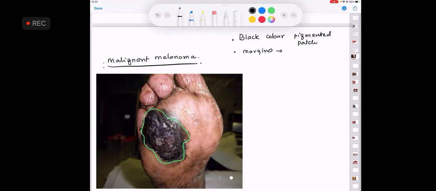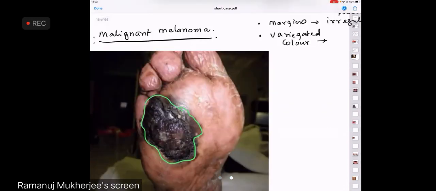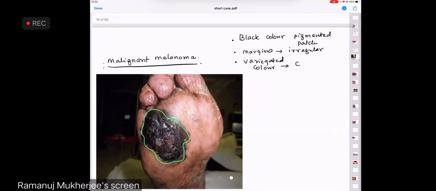So there is an irregular margin. Number two, there is a variegated color. As you can see, some areas are light brown, some areas are dark black, etc. So that means there are changing colors. There is an associated ulceration in the skin.